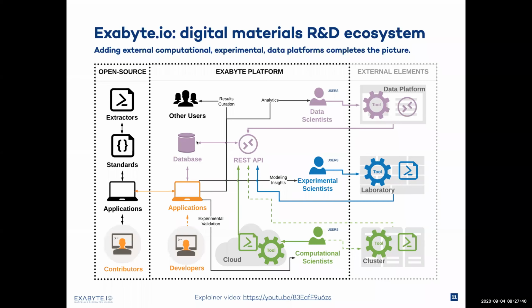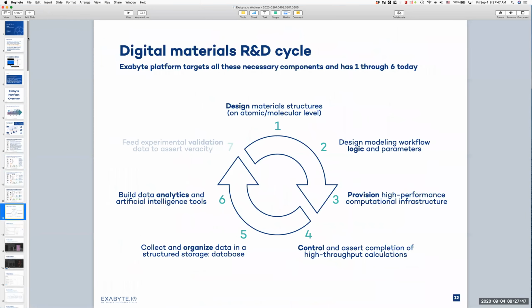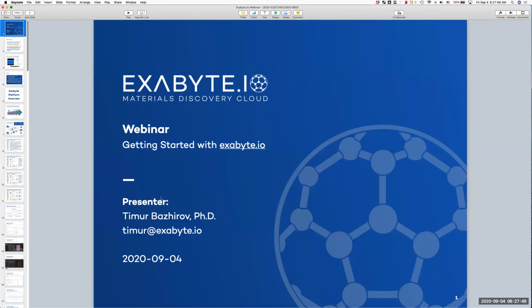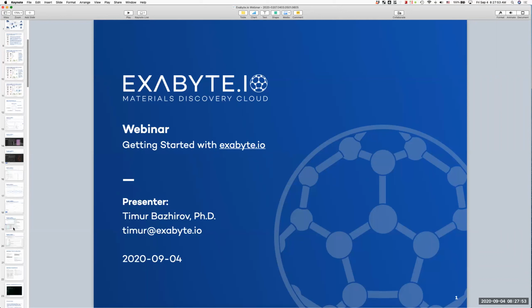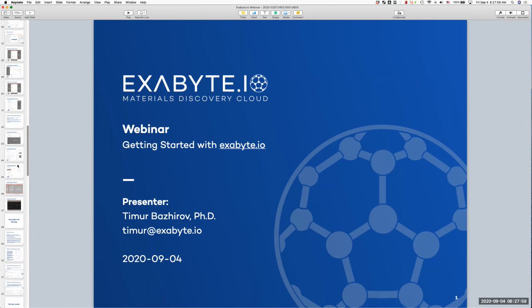Okay, well, if you come up with anything in the future, please hit me up at timur@exabyte.io. You can also submit a support ticket through the platform if you're experiencing a particular problem. So let me come back to that part of the explanation.